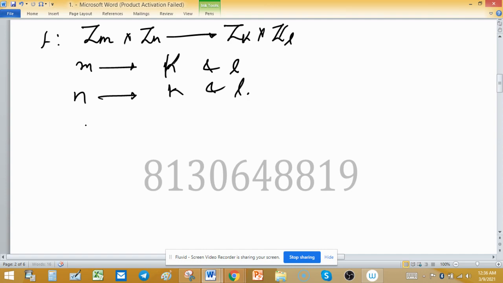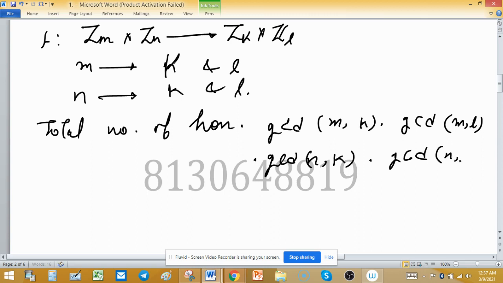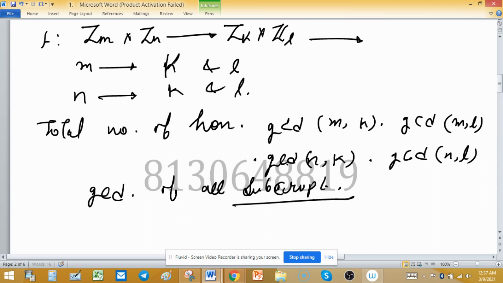So the total number of homomorphisms is given by the formula GCD(m,k) into GCD(m,l) into GCD(n,k) into GCD(n,l). That means the GCD of all these subscript pairs. Note that taking GCD of k and l is not the correct method.